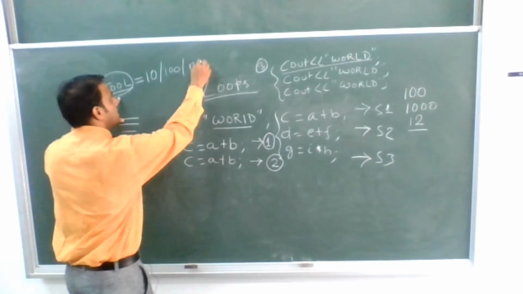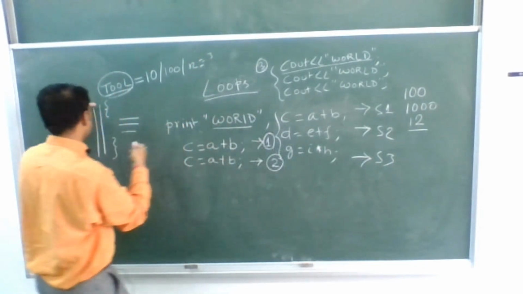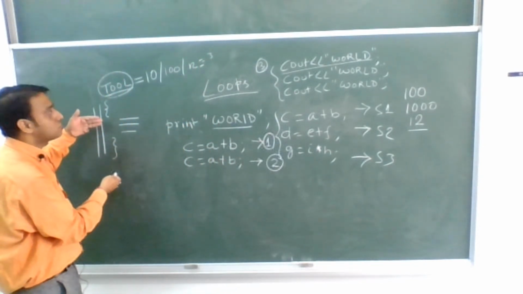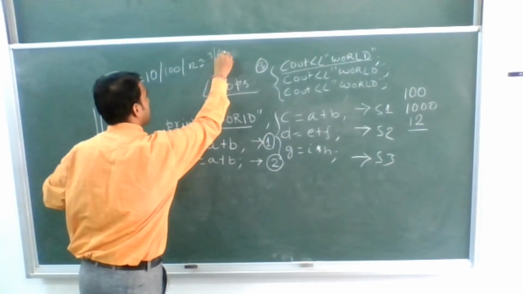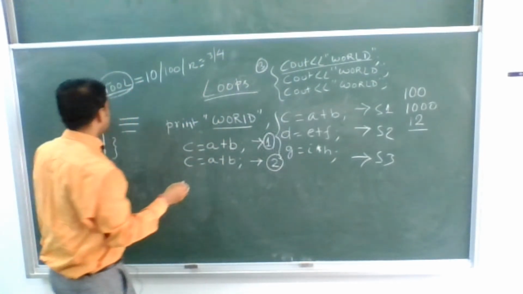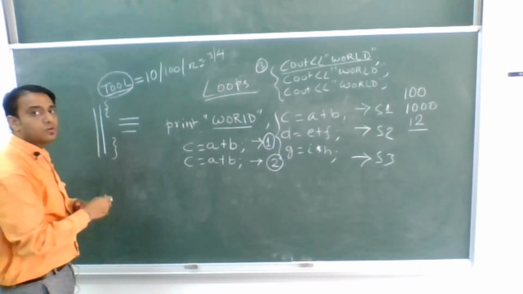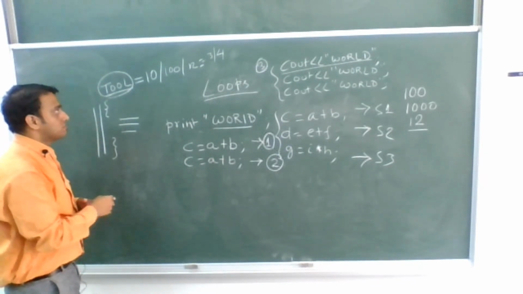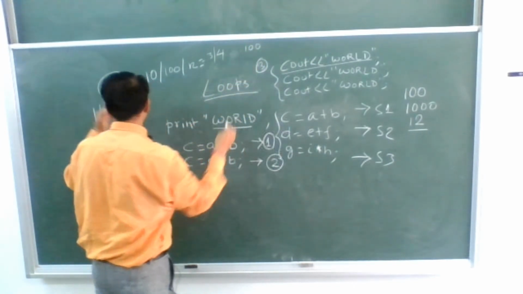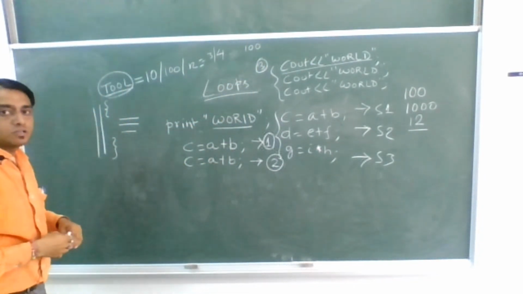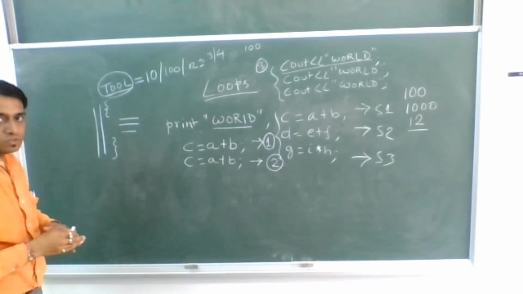If suppose my n is 3, then the entire block of statements will execute 3 times. If n is 4, then the block of statements will execute 4 times. If it is up to 10 or 100, then the block of statements will execute 10 or 100 times.